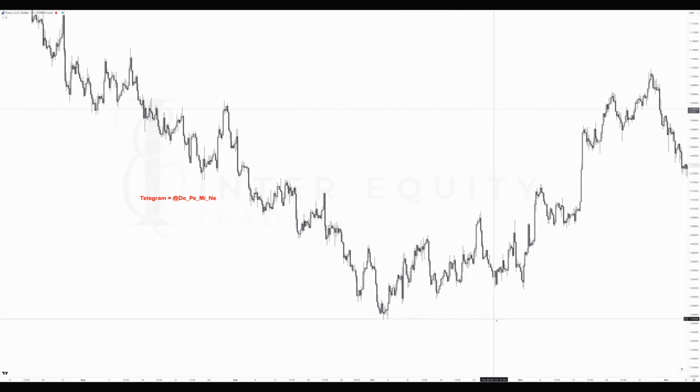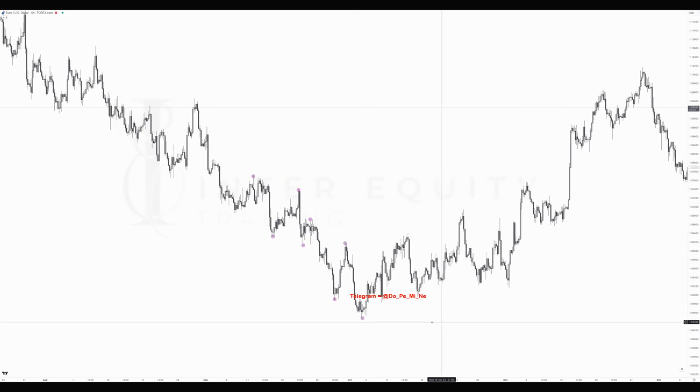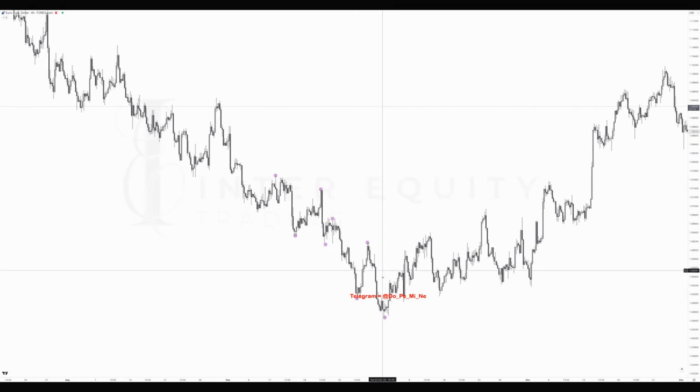You can see it visually, but to confirm that it's actually in a bearish state, you know it by its lower highs and lower lows. So this is the lower high, lower low, lower high, lower low, lower high, lower low, lower high, lower low. This right here is an example of a bearish market.